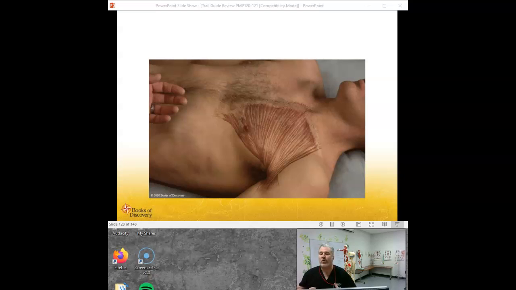Let me ask you all this. If my arm is way up like this, can the pec do anything else? Is the pec stretched out here? What happens if it contracts now? It will help pull my arm back down.